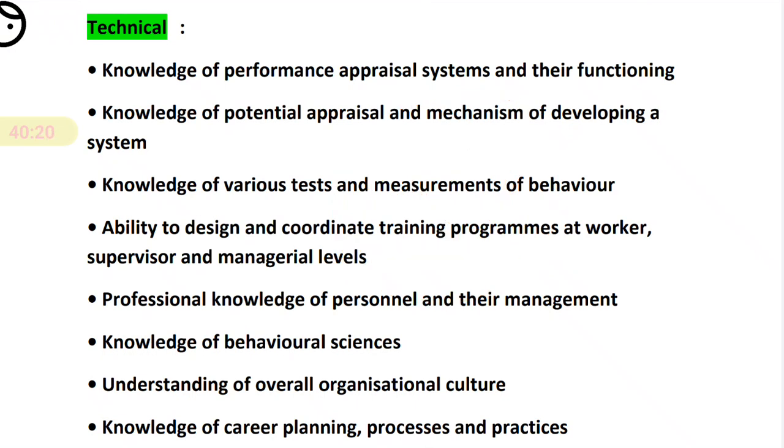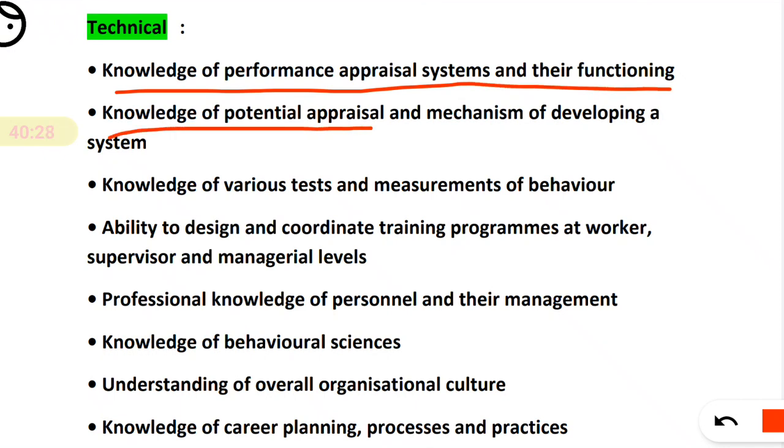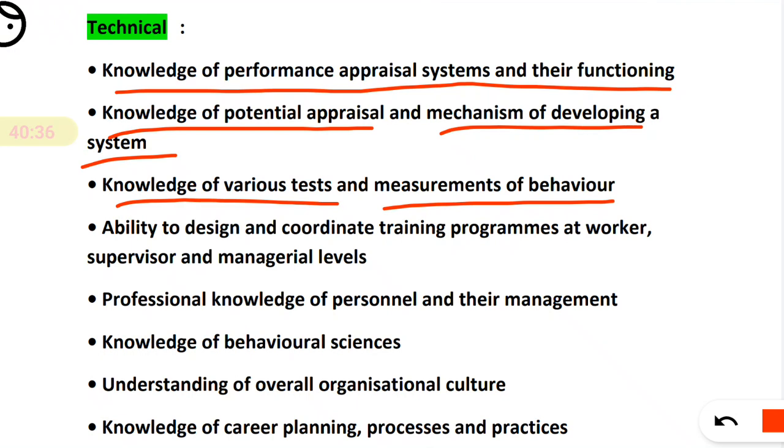Okay, so what are the technical attributes? First, knowledge of the performance appraisal system. Second, knowledge of potential appraisal and the mechanism of developing systems. Third, knowledge of various tests and measurements of behavior. Ability to design and coordinate training programs at worker, supervisor and managerial level.